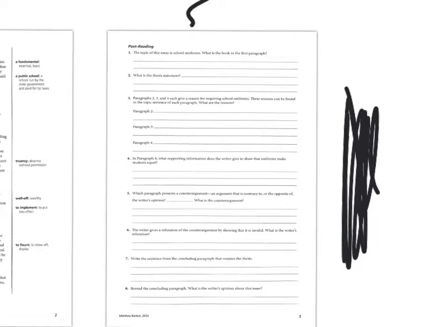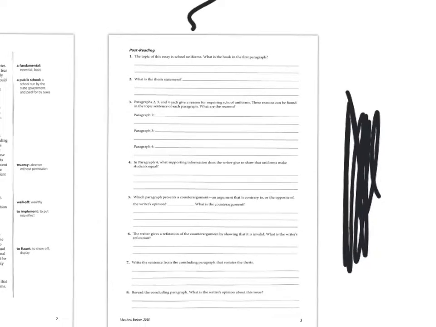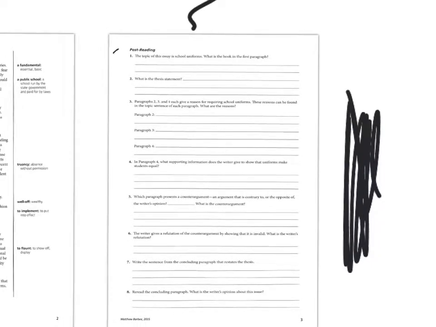So this is work on this page that you will need to complete to get credit for this assignment. Again, you can write the answers by hand and take a picture of that, or you can upload a document with your typed out answers. So that's page 3.